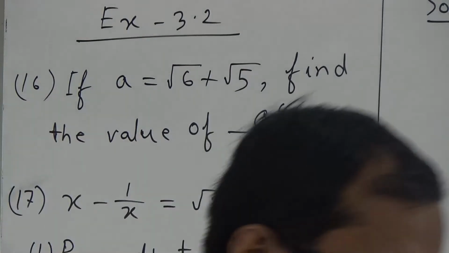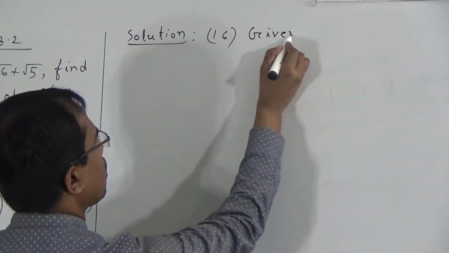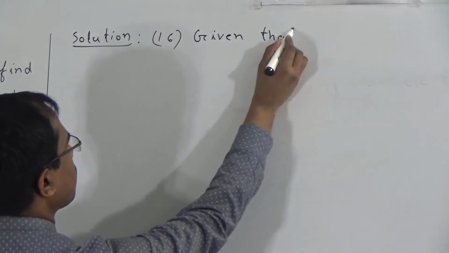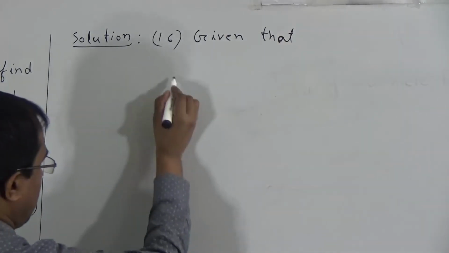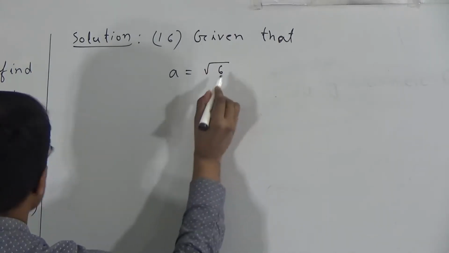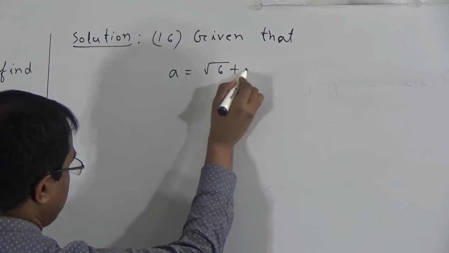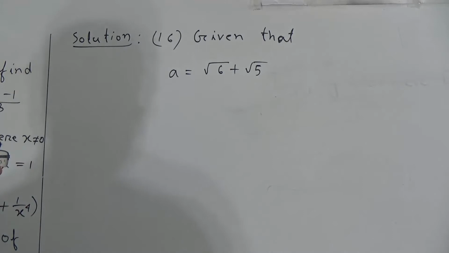Okay. At first we will find the value of 1 by a. Here it is given that a equals root 6 plus root 5. Now we will find out the value of 1 by a.